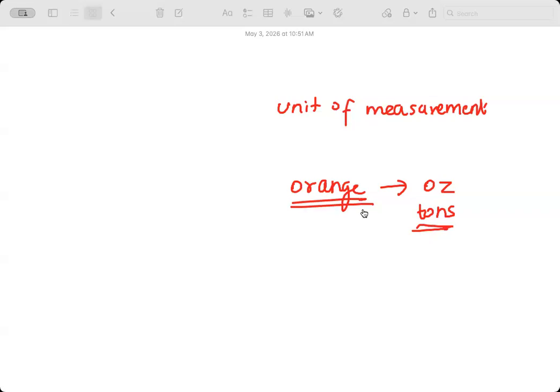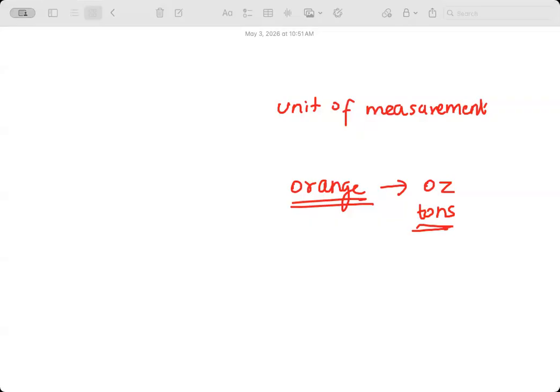One of you take turns, one of you say this time, one of you say next time. Tons are used to measure big things. I just want to know, 1 ton is how many what?